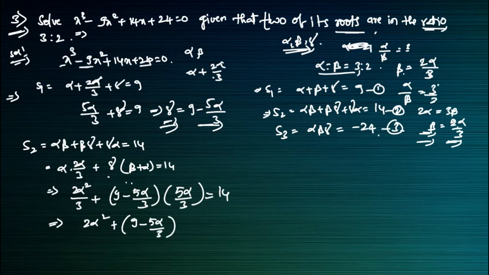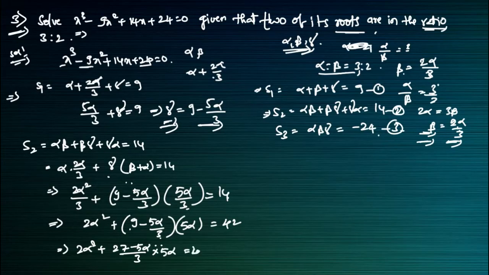So 3 goes to the right side, 14 times 3 is 42. And 3 times 9 is 27, so it becomes 2 alpha square plus 27 minus 5 alpha divided by 3 into 5 alpha is equal to 42.